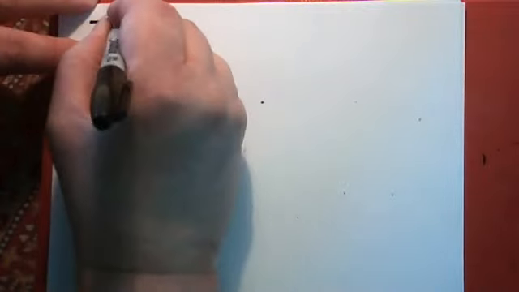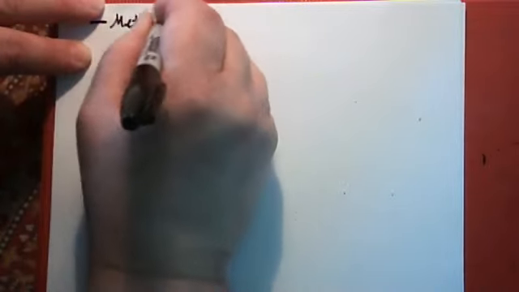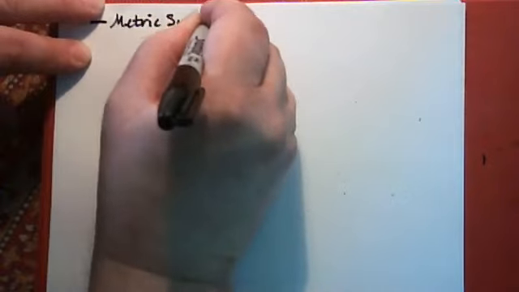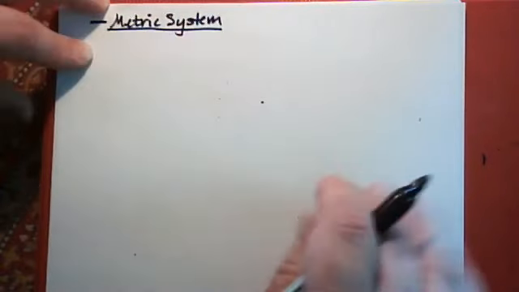Now, the metric system. This is the system that a lot of Americans are only vaguely familiar with. There was a push towards metrification back when I was a kid in the Stone Age of the 1970s. So we learned about it in school then.